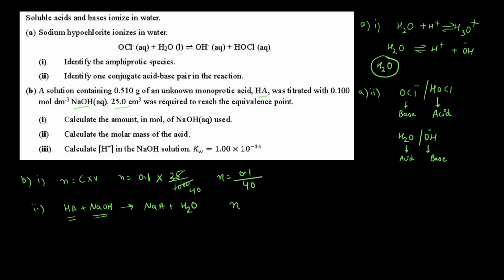So the moles of sodium hydroxide which we calculated in part 1 will be equal to the mass of the acid divided by its molar mass, because the moles of NaOH will be equal to the moles of HA, and we calculate moles by dividing mass over molar mass. So therefore molar mass will come out to be this.